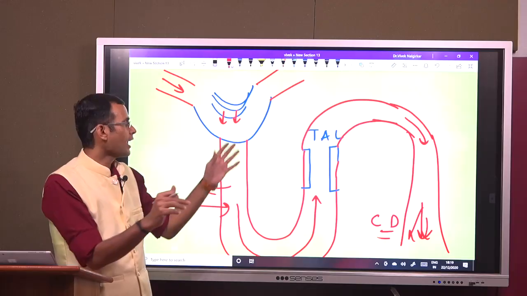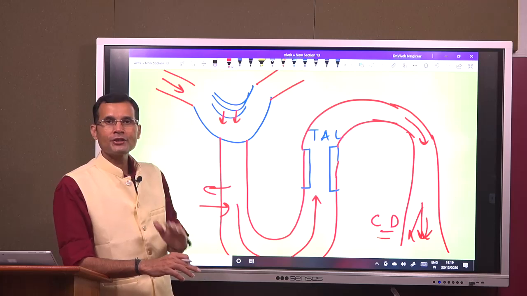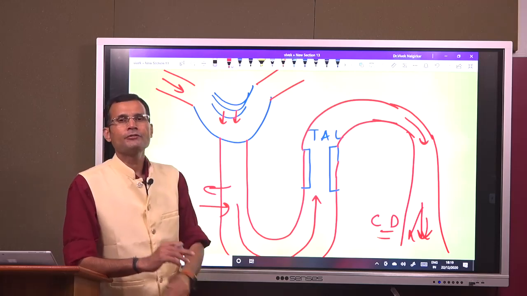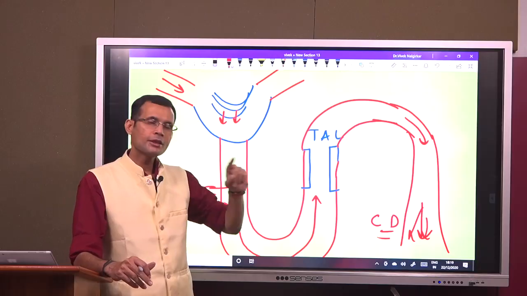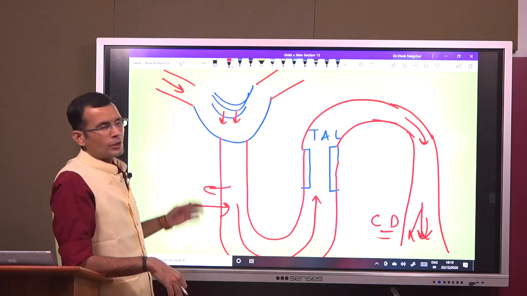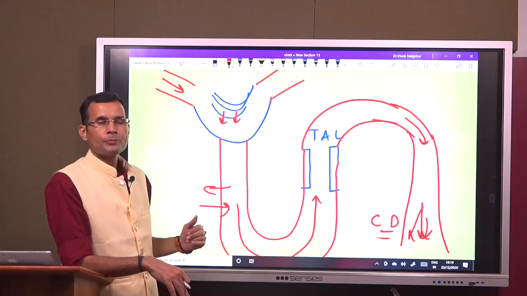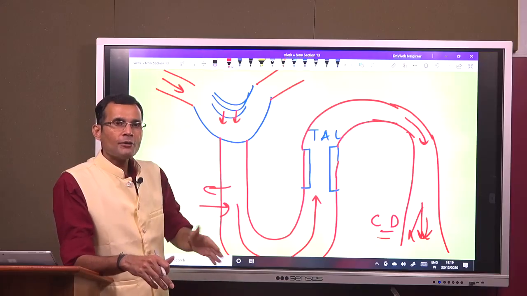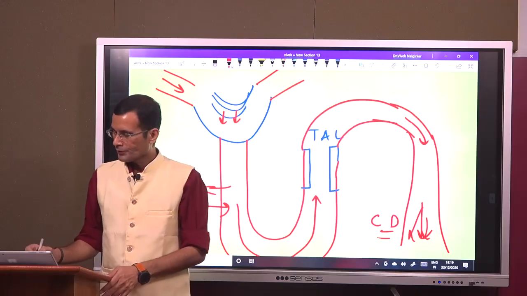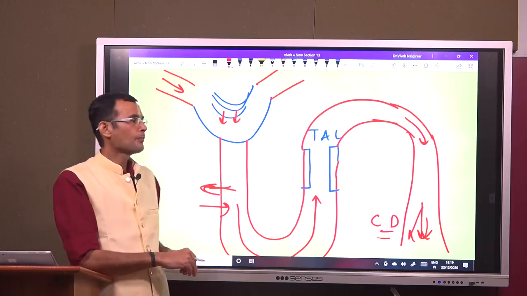Somewhat similar is happening here. In the glomerular filtration, everything is filtered out except, of course, the proteins in the plasma and the cells. These two things are not filtered, but otherwise everything is filtered out. And then whatever is required by the body will be reabsorbed. It will be taken back into the blood.